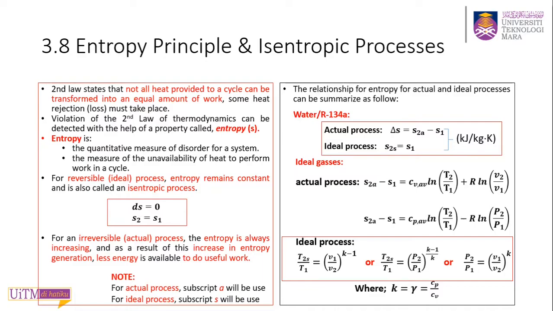As you can see in the equation in the red box, only the terms at the exit, which is state 2 here, has the subscript S and A. Remember that for an ideal process, the entropy will remain constant, and for an actual process, the entropy will always be increasing.